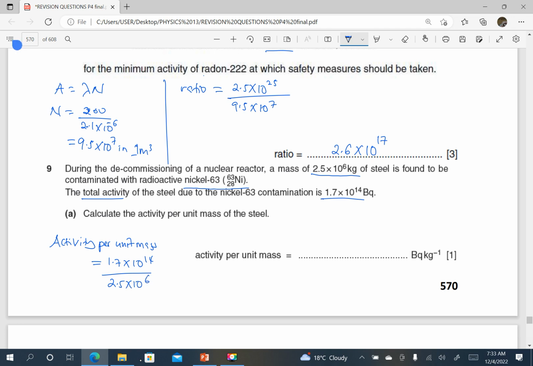Just press our calculator here. From my calculator, you can also verify, I'm getting 6.8 times 10 power 7 becquerels per kilogram. So that is the activity for 1 kilogram of steel.